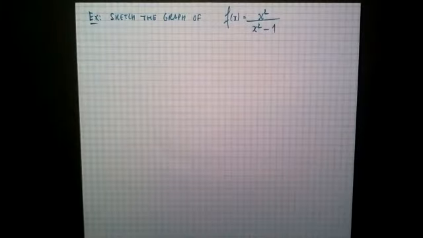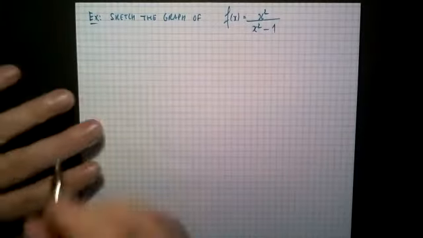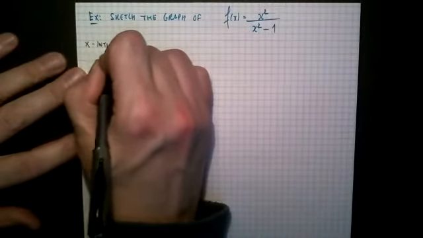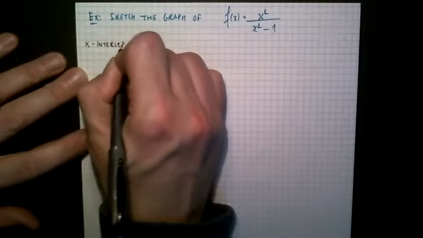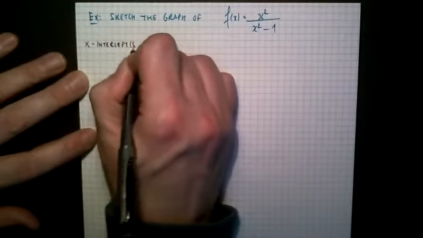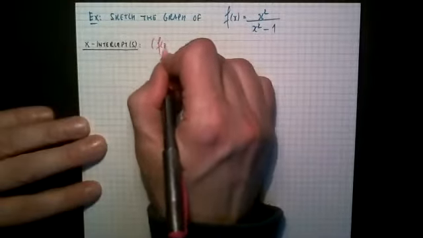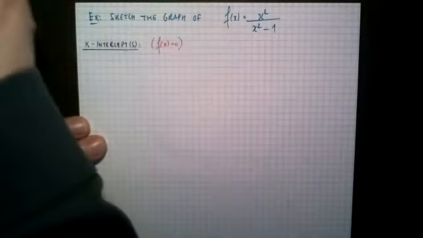So let's do it again. Let's go. First thing, x-intercepts. So of course, this is when f(x) is equal to 0.